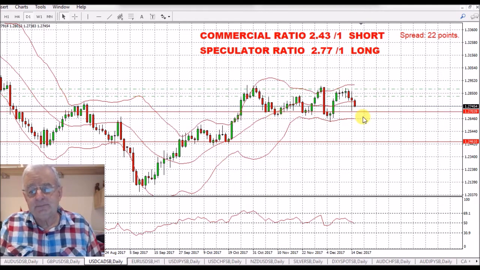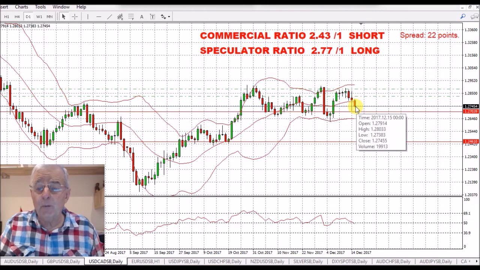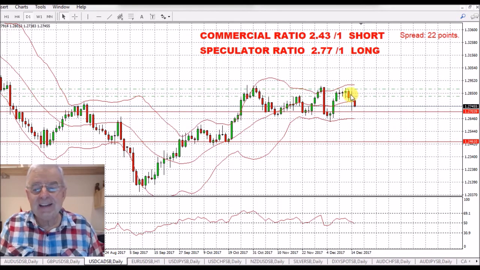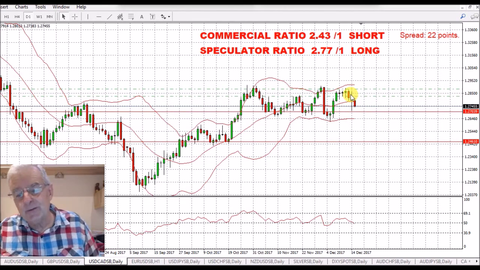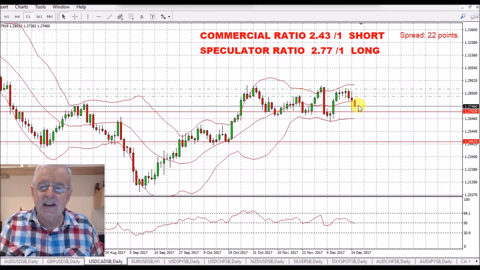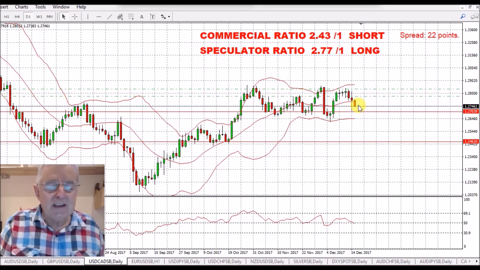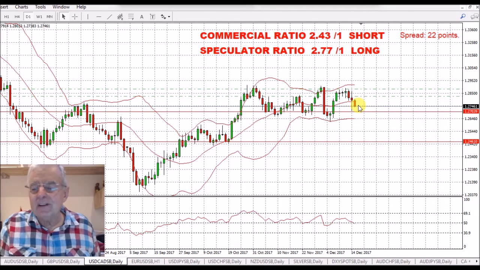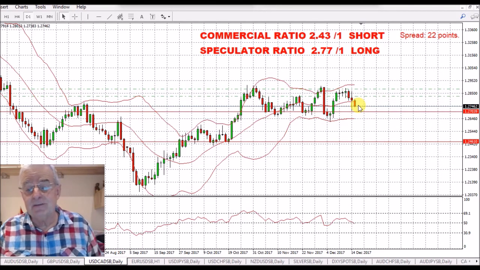USD CAD. I am waiting to see more strength in this. We've had obviously the weakness in the dollar, and also I think we've had a fair little bit of strength in the oil price. The commitment of traders have an all-time bearish position for oil.